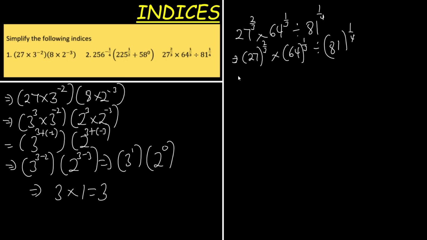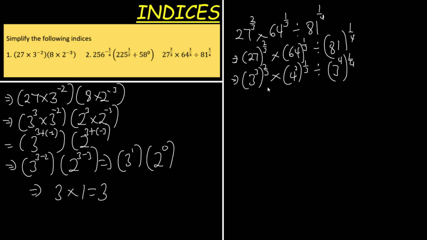Now you know that 27 can be expressed as 3 raised to the power 3. Then 64 can also be expressed as 4 raised to the power 3. And 81 too can be expressed as 3 raised to the power 4.